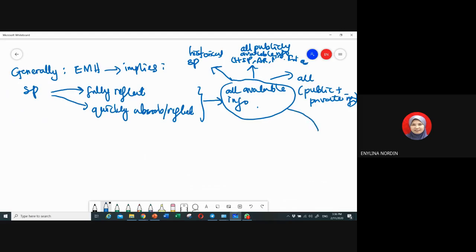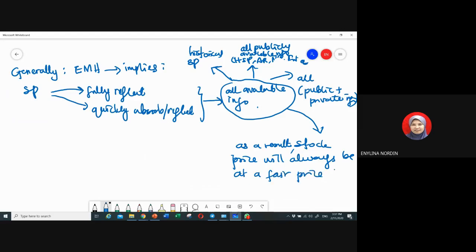So the stock's price, as a result, will always be at a fair price or correct price, due to the reflection of the information available.